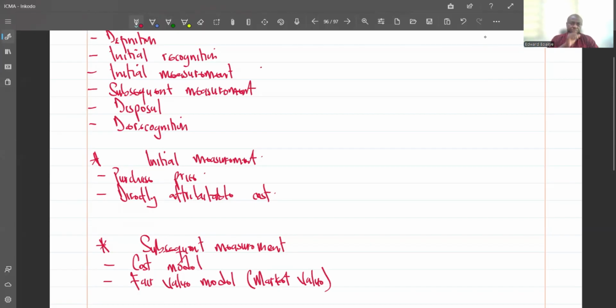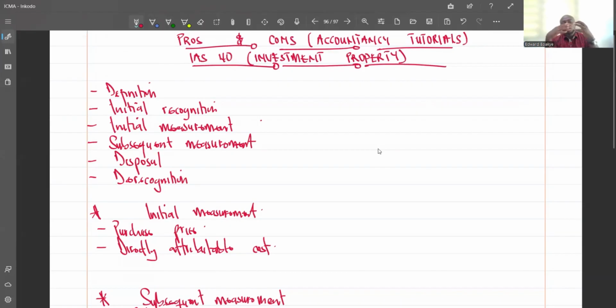But let's talk about issues concerning what we call ancillary activities. When we mention ancillary activities, we are talking about a situation whereby a company is keeping their assets as investment property and renting it out. For example, let's talk about hotels.